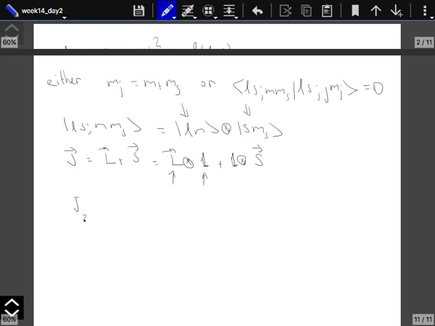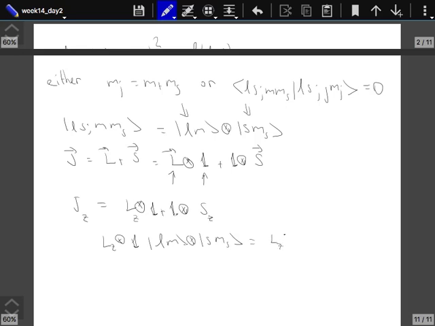So JZ, I can write as LZ cross 1 plus 1 cross SZ. This I can always do. And these operators, LZ times 1, I know how they act on LM, SMS.